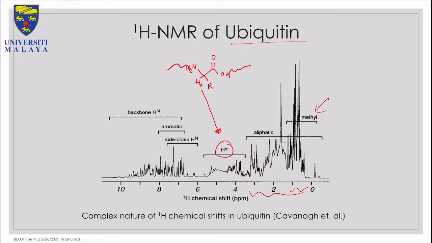And then because you have the amide bond, you'll see the side chain NH, the amide bond NH, and aromatic protons around the same range, between about 6.5 to about 8. And then of course you can also see the backbone NH. So there are two groups of NH that you can actually see.